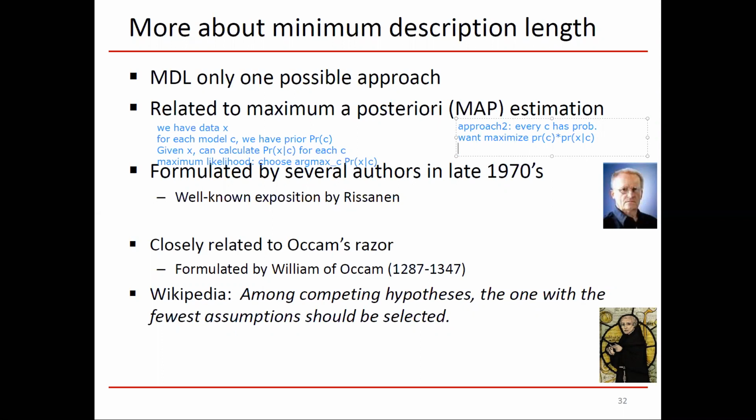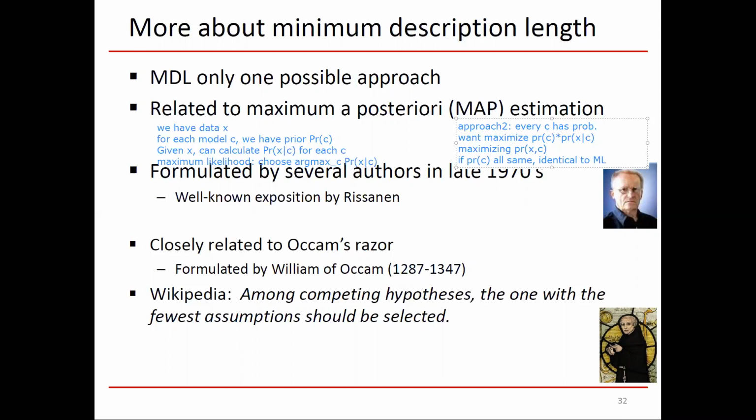So we're maximizing the joint probability of X comma C. And if we have a prior, meaning the priors for the C's are all the same, this is identical to maximum likelihood.